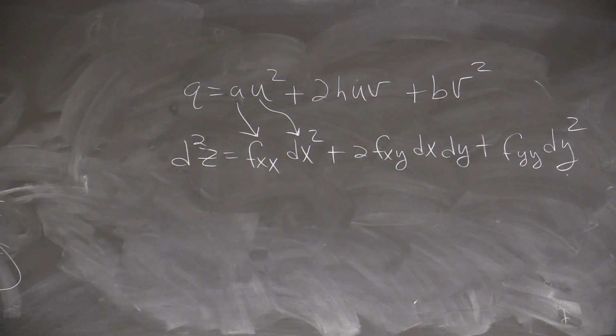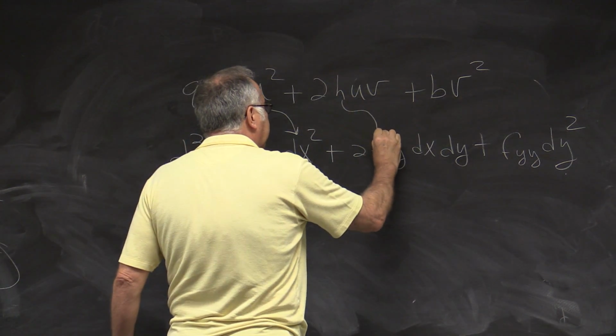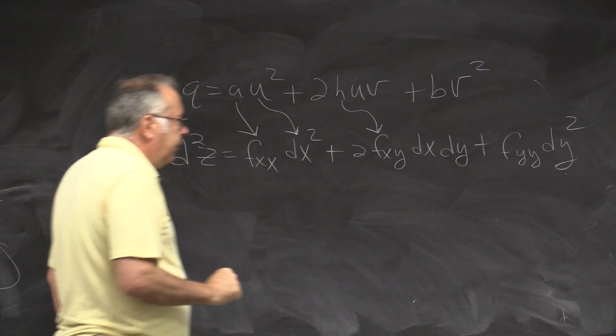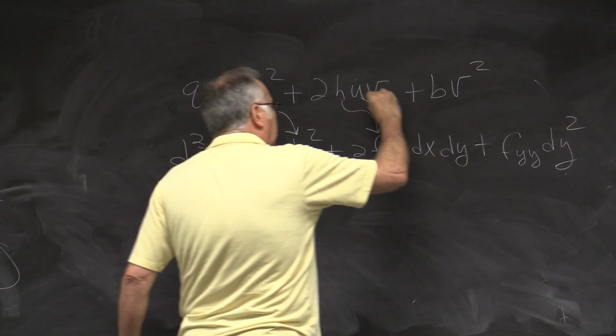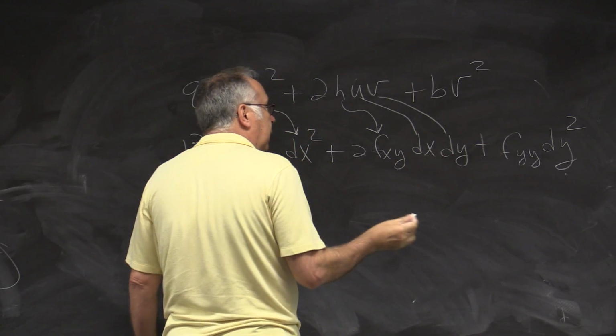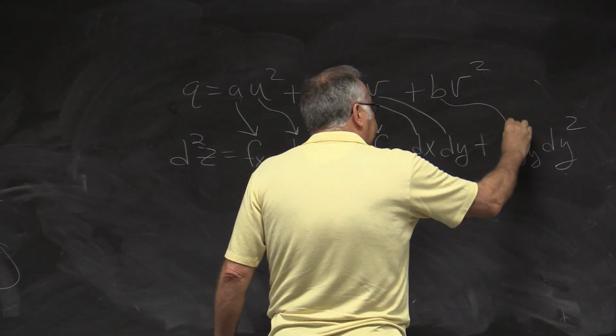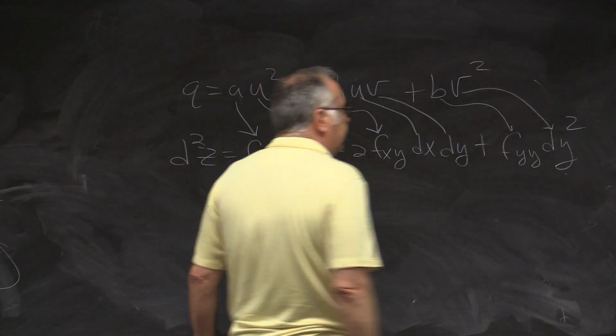So u is equal to dx. And rather than h here, you have f sub xy. And if you evaluate f sub xy at the critical value of x and y, that'll just be a number just like h is. The dx is u, dy is v. And those are considered variables. B corresponds to f sub yy, and v is just the same as dy.